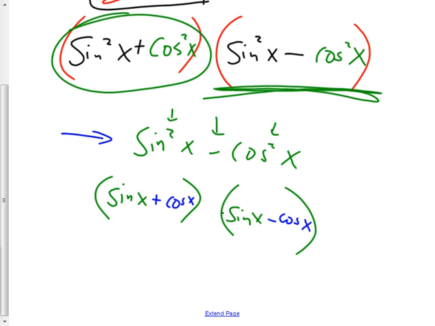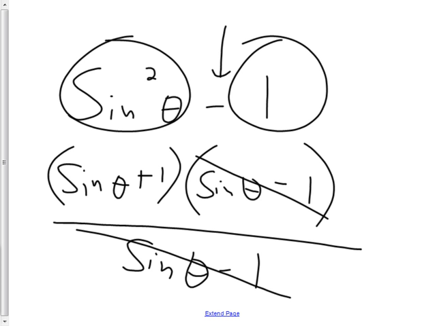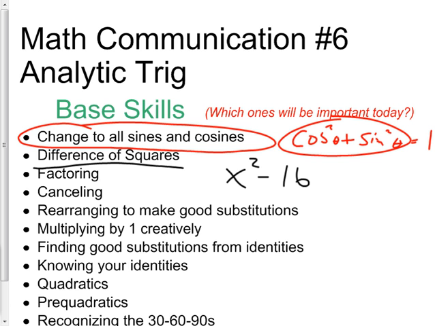But what if in the problem it had had a sine x minus cosine x? If it had had that, then this would have been like, oh, perfect, I can cancel that off, and now there's my final answer. All right, so that's just one trick that I spent like 5 minutes on. Why? Because it's important. So look for difference of squares.